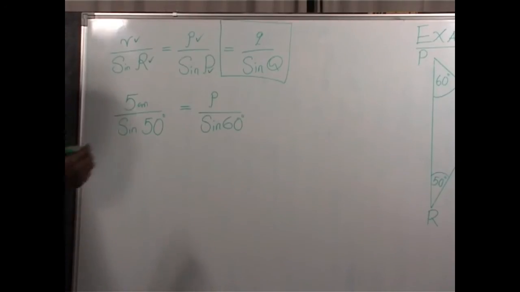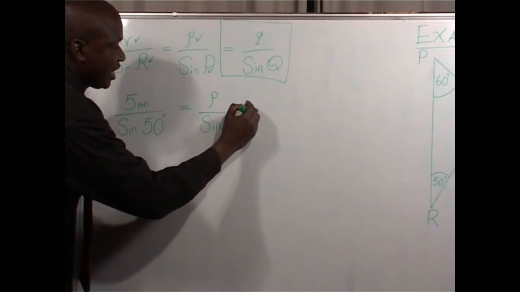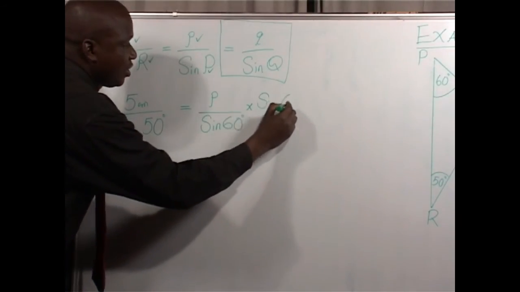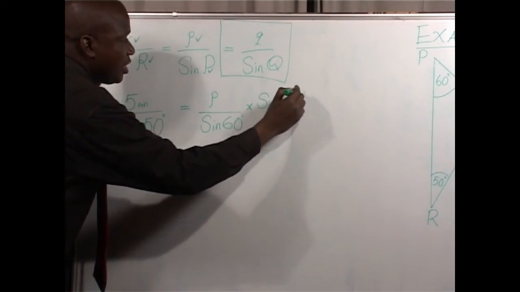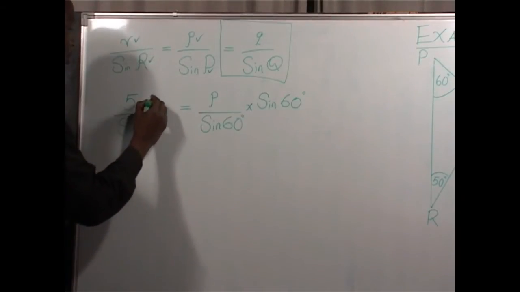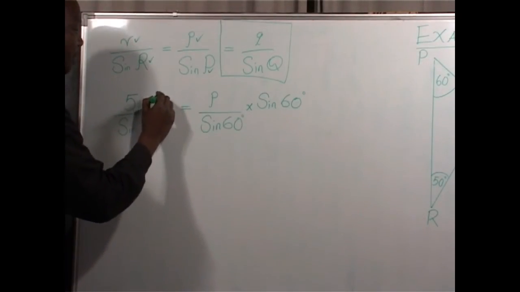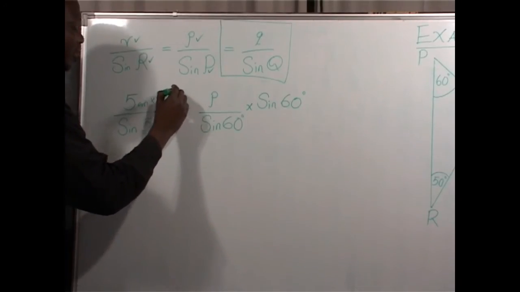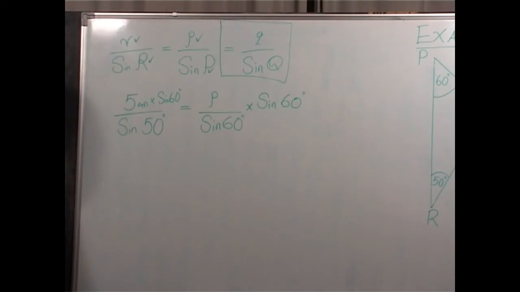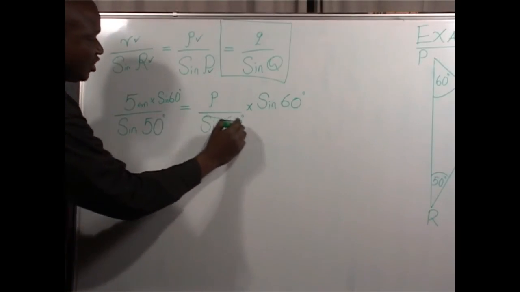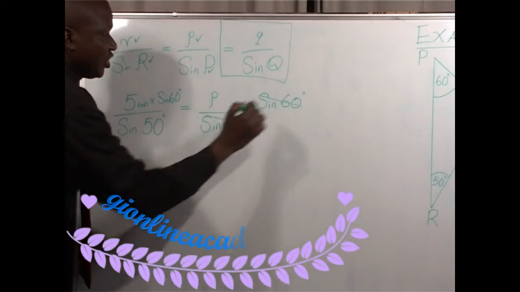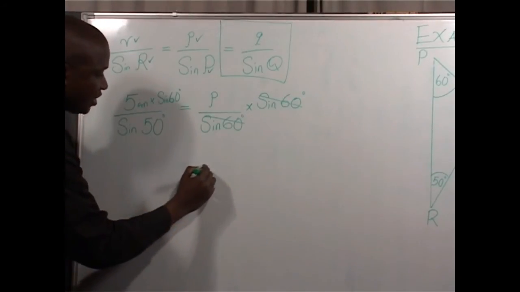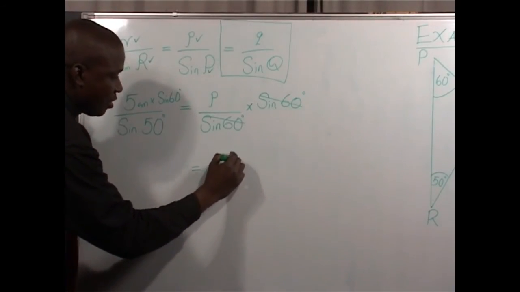To balance the equation, on the left hand side we must also multiply by the sine of 60 degrees. So that sine 60 and sine 60 will divide, meaning the right hand side will be p.